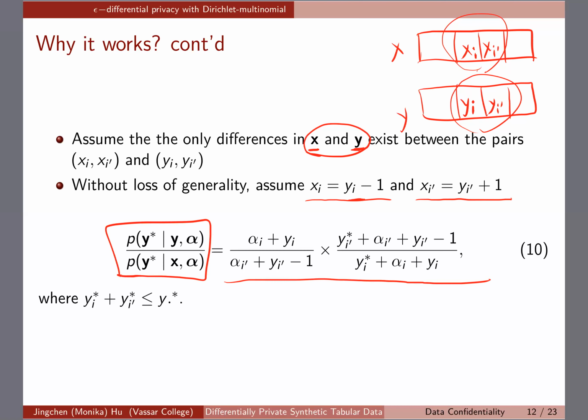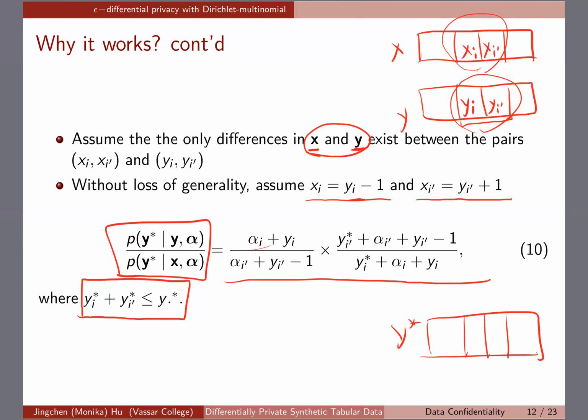So certain things about alpha i, of course, and then about alpha, and also about yi star, and yi and yi prime, okay? And what we need to also keep in mind is that the sum of the two cells, the one y star cell once we have it, it's the two cells here, the pair, yi prime, yi star.